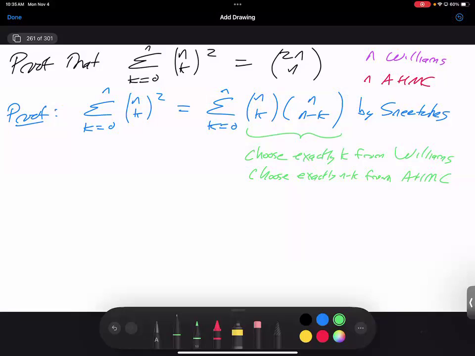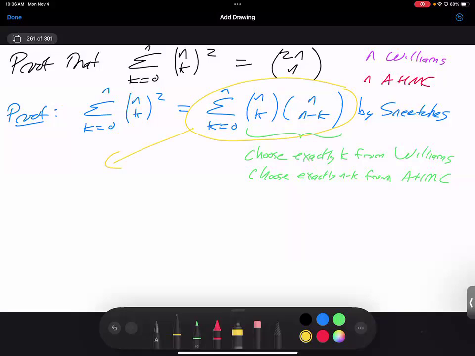Give me a story for the whole thing. So you gave me local stories. You gave me n+1 stories. On night k, and like good computer scientists, we start counting at k equals 0, we chose k people from Williams and n minus k from the other places.